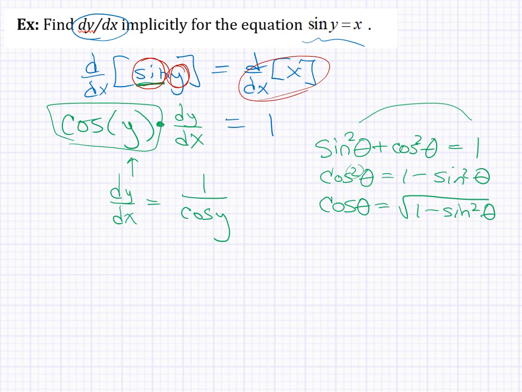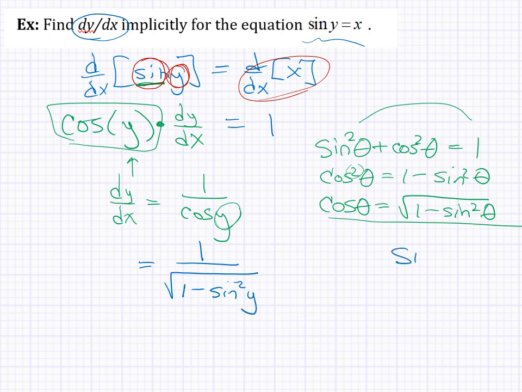And so whether it's a theta or it's a y, you could apply this identity, and so we'll apply it in terms of y, so we would have 1 over the square root of 1 minus sine squared y.